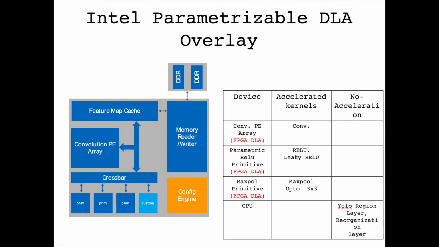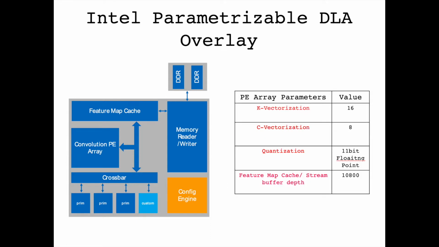As we use this FPGA as an accelerator, we parameterize it according to our needs. We use the convolutional PE array to accelerate the convolution, parametric ReLU primitive to accelerate ReLU and leaky functions, and maxpool primitive to accelerate maxpool.